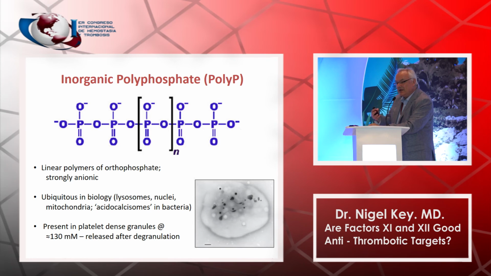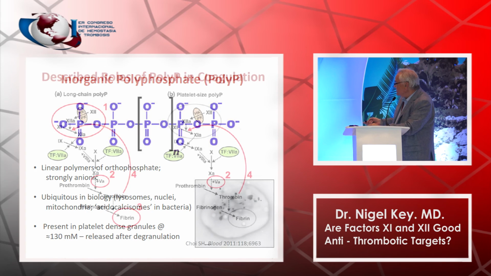Now, there are analogs in biology of these in lysosomes and mitochondria, and bacteria in particular have high levels of polyphosphate. And this is a very, very simple structure with these repeating units of phosphate. But note the extreme negative charge on the polyphosphate, which Morrissey's lab showed could have effects on coagulation.